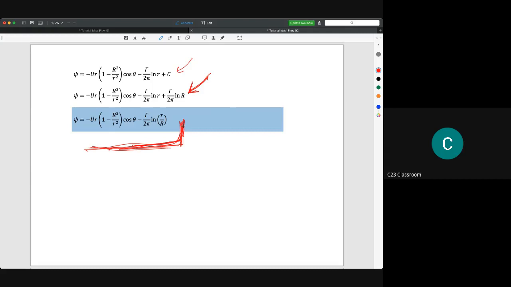Again, I hope you could remember that in a rotating cylinder, both conditions apply. This is about the doublet and the uniform flow. This is about the vortex. The vortex needs to have some term of r over a, so you cannot just leave it as ln r here.